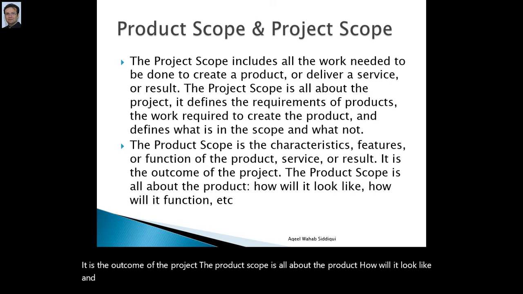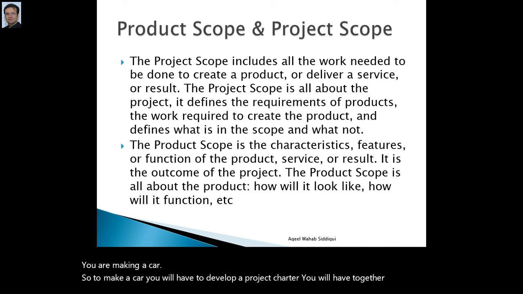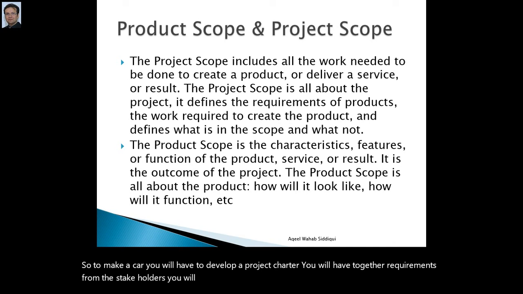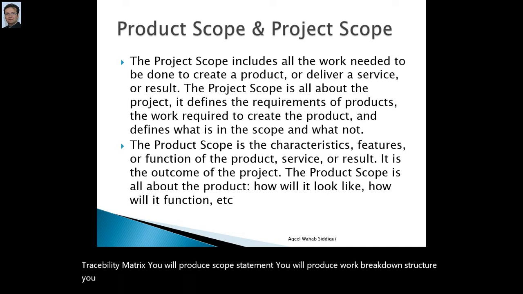For instance, you are making a car. To make a car, you will have to develop a project charter. You will have to gather requirements from the stakeholders. You will have to work on requirements documentation and the requirements traceability matrix. You will produce the scope statement and the work breakdown structure. You will work on time activities like the network diagram, and on the risk register.